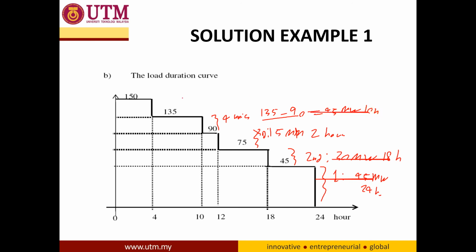And lastly, this unit you have to supply 150 minus 135, you get 15 megawatt, needs to supply for 4 hours.